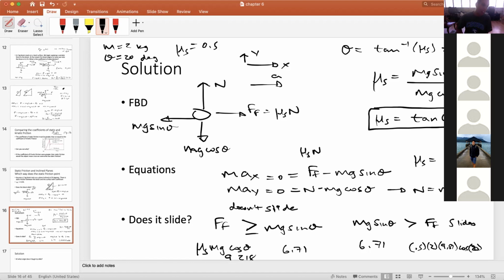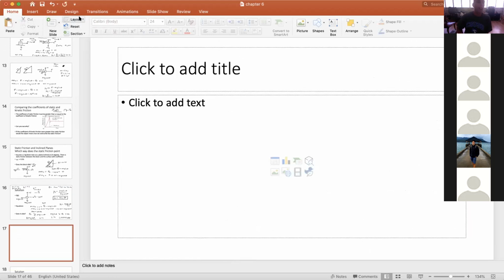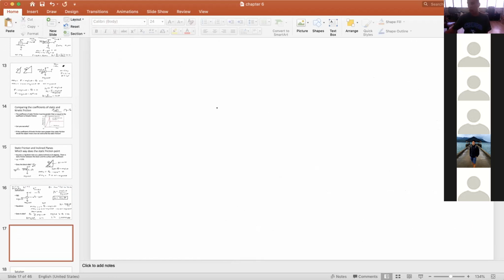We can look at that. So what happens when our angle is 26.56 degrees, what is our force of friction? Our force of friction was mu s mg cos theta, and our weight in the x was mg sine theta.